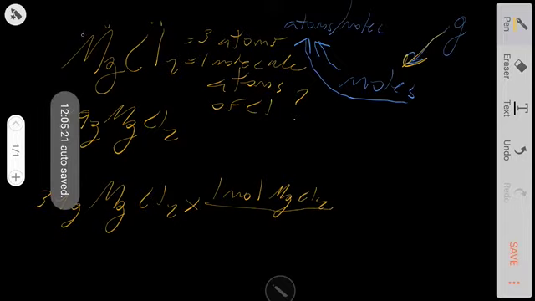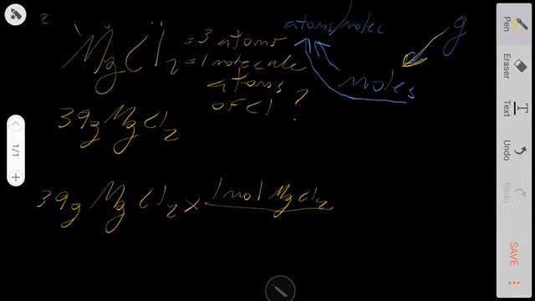Let's do that. Mg is 24.3. Cl is 35.5, we'll say. And I have 2 of them here. So I have 35.5 plus 35.5. So 24.3 plus 35.5 plus 35.5.